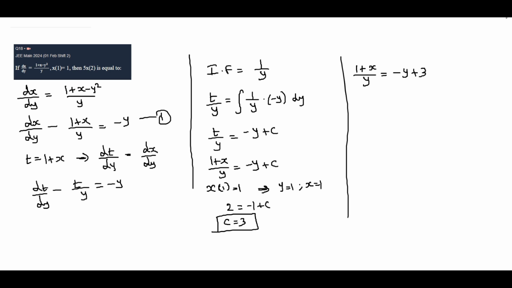Now we need the value of x of 2. x of 2 means y equal to 2, we need x. Okay, so (1 plus x) by 2 equal to minus 2 plus 3. So (1 plus x) by 2 equal to 1.